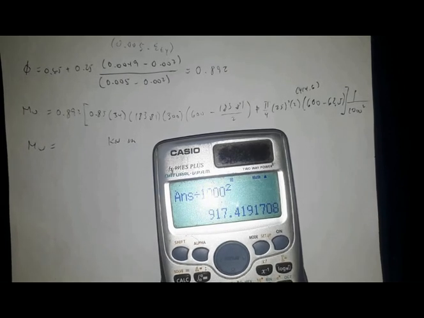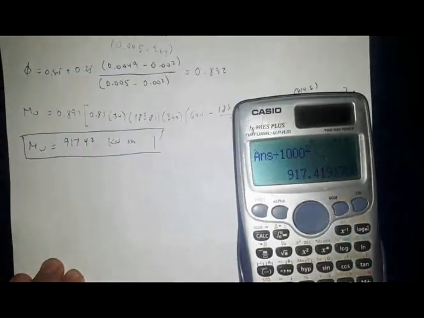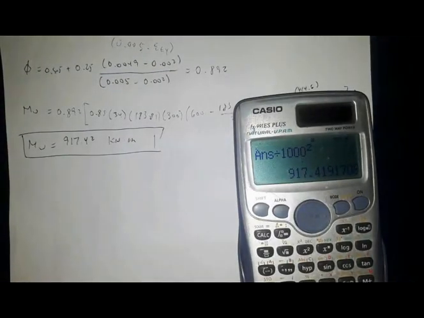So your ultimate moment is 917.42 kilonewton meter. So we have answered the design moment.